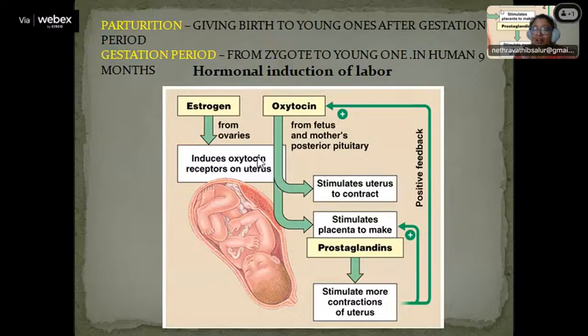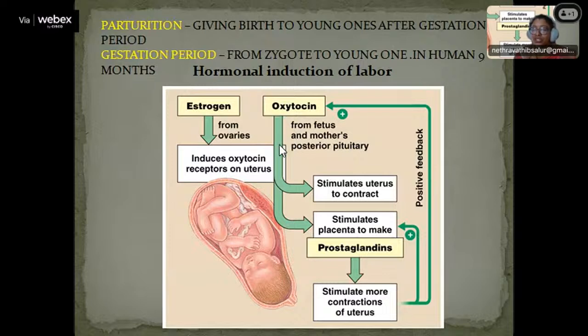you can see the fetus is trying to push the endometrium, that is, the myometrium. You can see there are muscles, uterine muscles. So these uterine muscles are going to be pushed by the fetus, and that is the first signal for the fetus to come out. Now, once the fetus tries to undergo this contraction, there is release of estrogens from the ovaries.